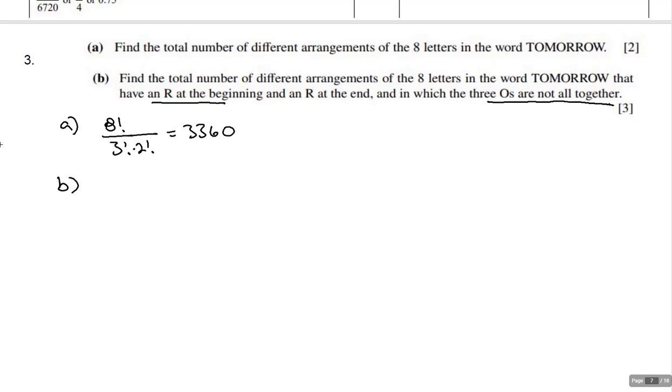Let's start by making a little patch. 1, 2, 3, 4, 5, 6, 7, 8. What goes here? An R. Exactly. And what has to go at the end? Another R. That takes care of this, right?